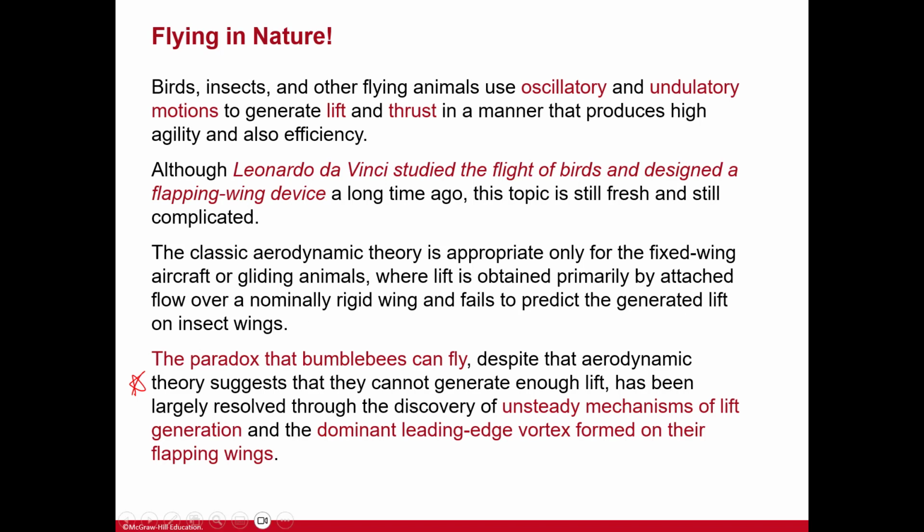We have to discover something else, something else that we need to investigate. And then that opens up unsteady mechanisms of lift generation and the dominant leading edge vortex formed on their flapping wings. It's amazing, right? And that's something else that we can implement into our man-made machines, because clearly bumblebees have perfected flight.